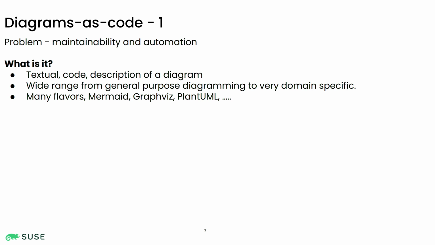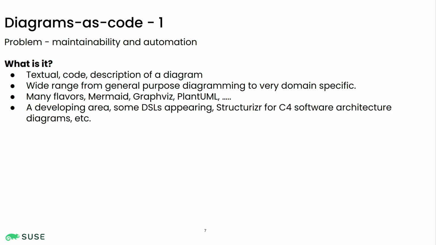Again, it's fitting in nicely with how we want to work with our developers. There are others, GraphViz, PlantUML. It's a developing area. They're starting to see some specific languages geared towards producing solely architecture diagrams for the cloud and the internet age. Structurizr being the main one at the moment that I'm aware of.